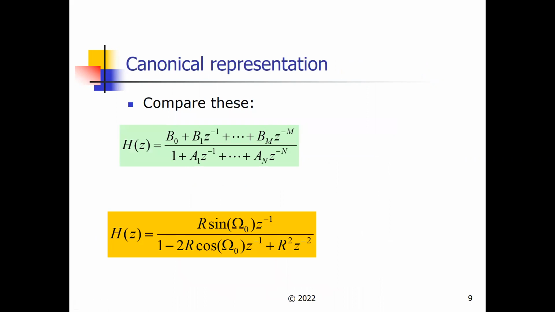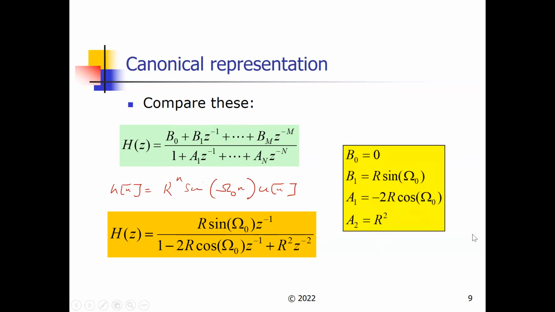So let's compare the two. The standard form, and we got this from taking the Z transform of h(n), which we said was r to the n sine omega naught n u(n). So if you take the Z transform, you get H(z).